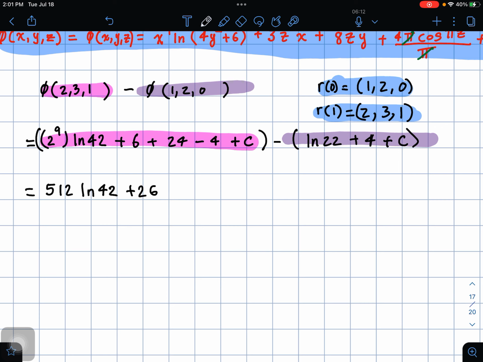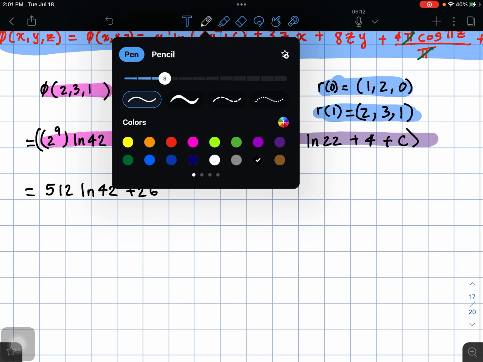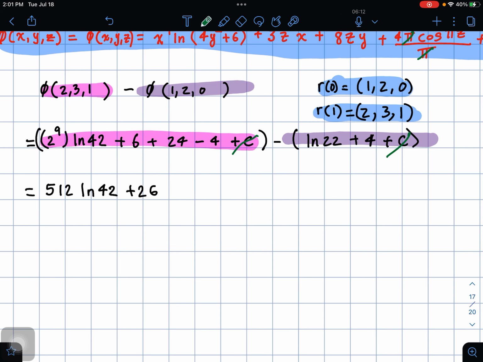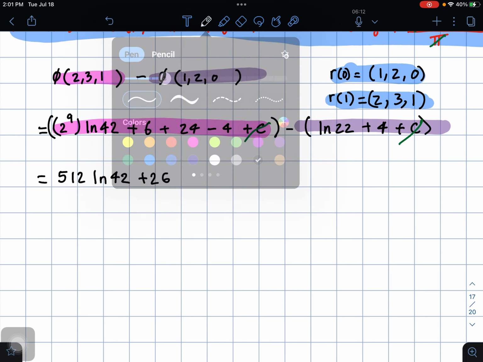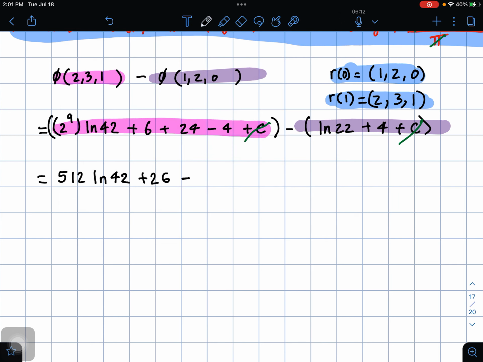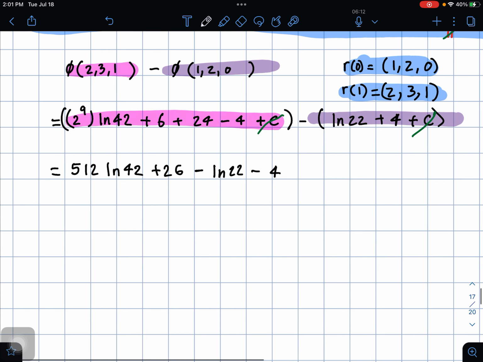You can just look at it like this. This C is adding, you're subtracting the C, so it just turns to 0. So technically, you can just cancel that out. Then what we have is minus ln 22 minus 4. That's it.